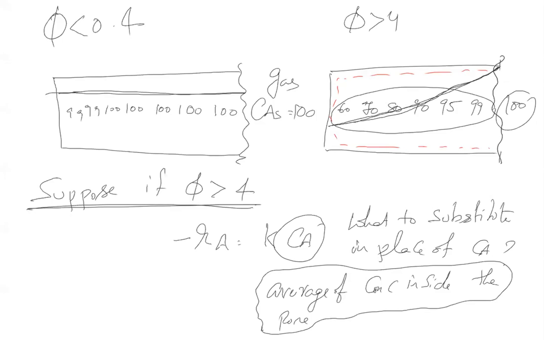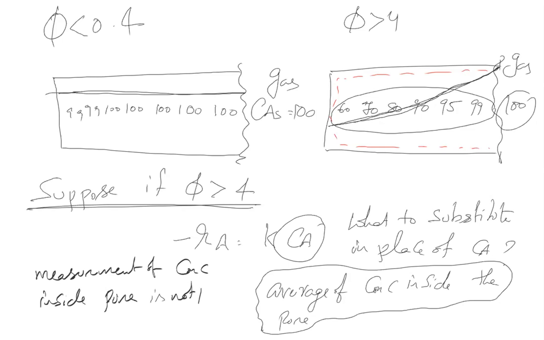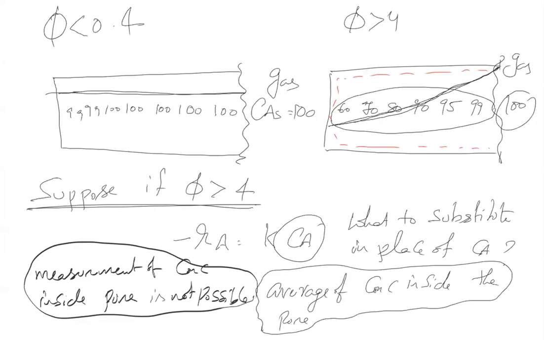If I put a concentration measuring device into the reactor, I get the concentration of the gas only. Measuring the concentration inside the pore is not possible, because pores are not big volumes where you can put a probe. The catalyst itself is made of small particles, and inside those particles there are pores.